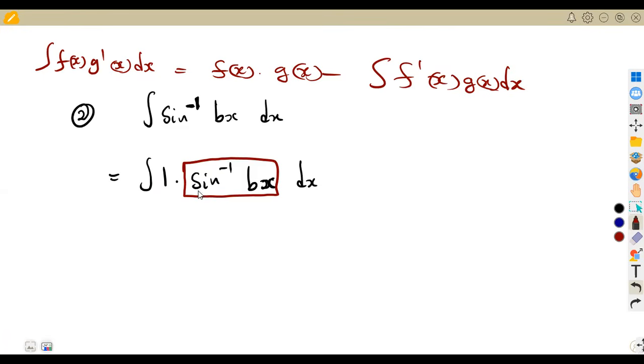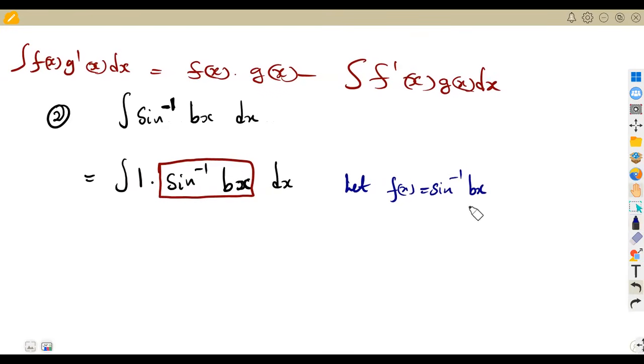We can differentiate this. Remember, f of x is the part that you're supposed to differentiate. So I'm just going to let this be my f of x. Let me write aside here. Let my f of x be equal to arcsin bx. So what does it mean? If this is my f of x, the remaining part is g prime dx.